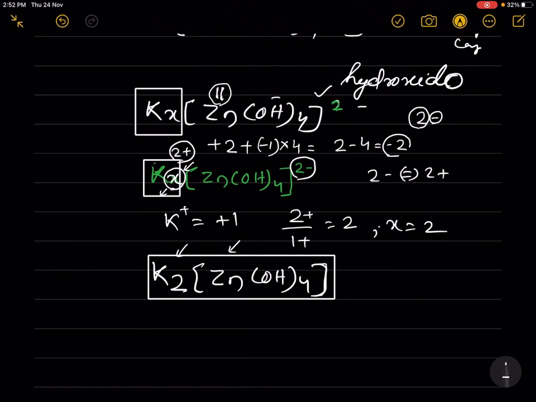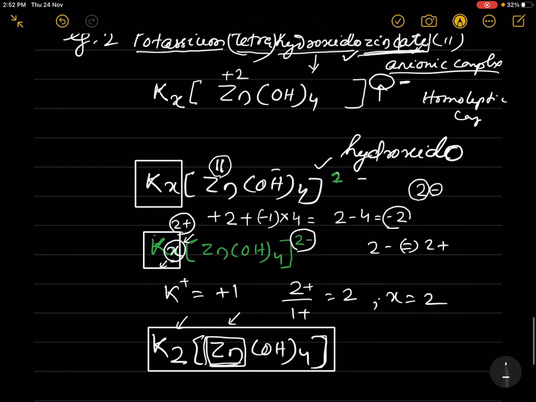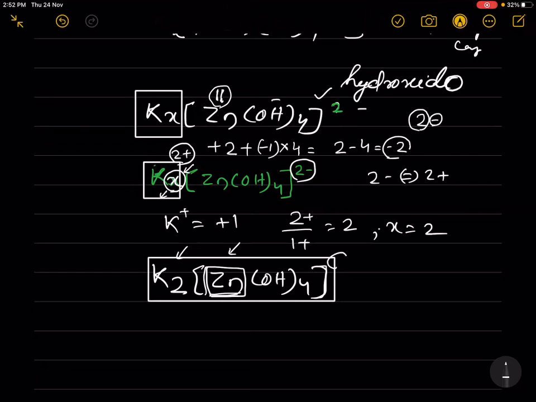In the complex part I have to write the central metal atom or ion first, then the ligands written alphabetically, and the number of ligands can be written by seeing the numerical prefix. Tetra is the numerical prefix over here, tetrahydroxidozincate. And then the charge on the complex anion and the counter cations can be found by balancing the charge on both sides. Then the number of cations as counterions can also be found, K2.